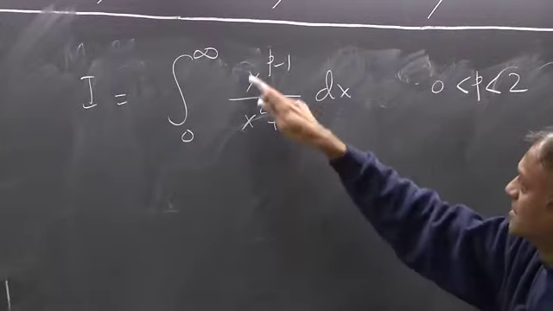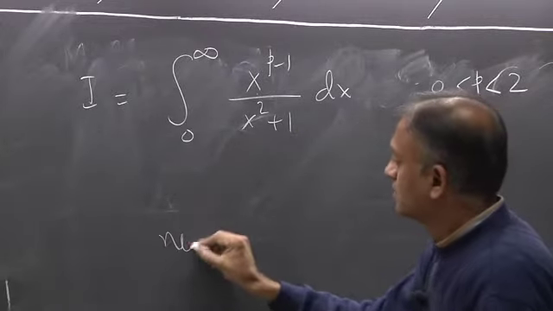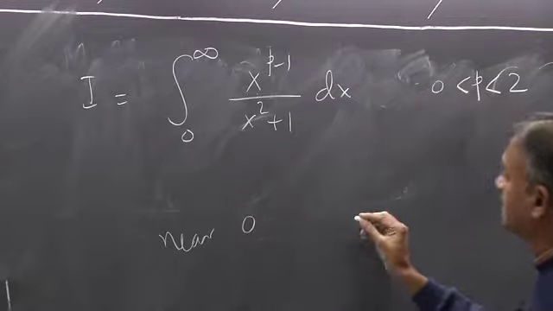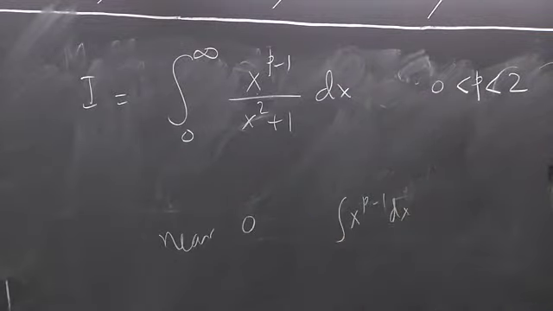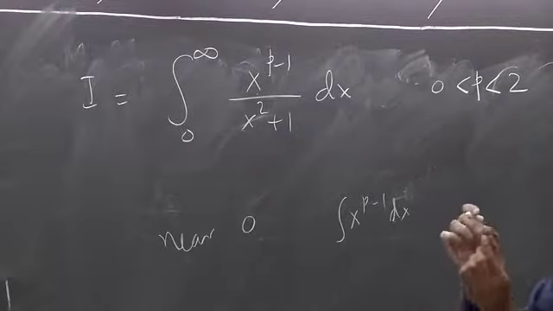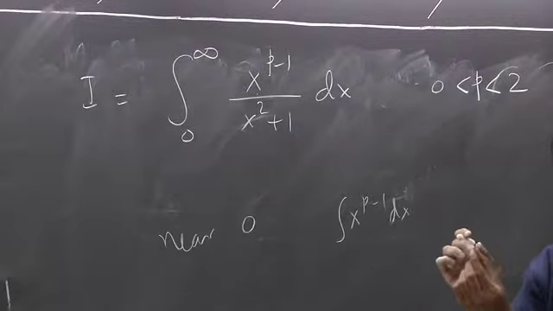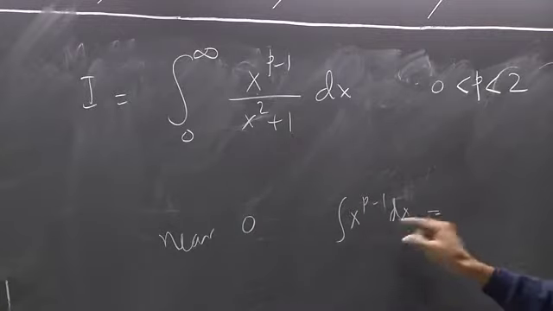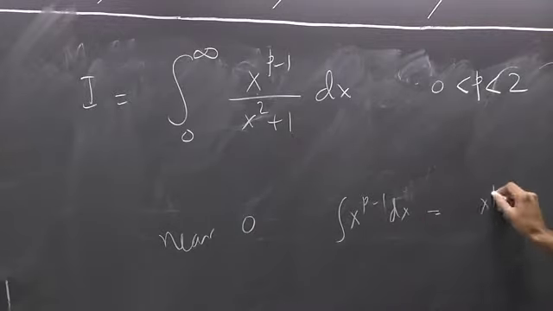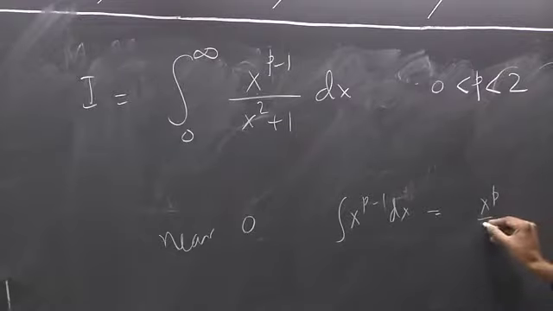So near 0, the integral is simply the integral of x to the p minus 1 dx. If I'm just integrating the small region near 0, I can ignore that. That integral is simply x to the p divided by p.